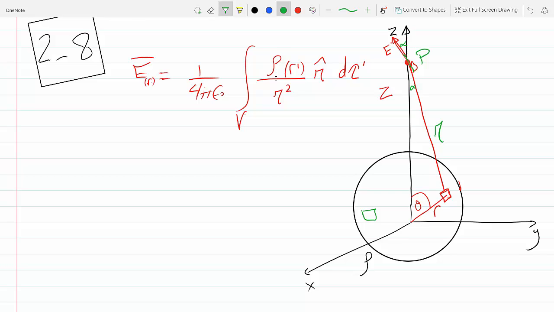So the only component that survives is the z component, which is E cosine alpha. And if we make a perpendicular line here, this would be 90 degrees. Now this here is theta, so this piece here would be r cosine theta.